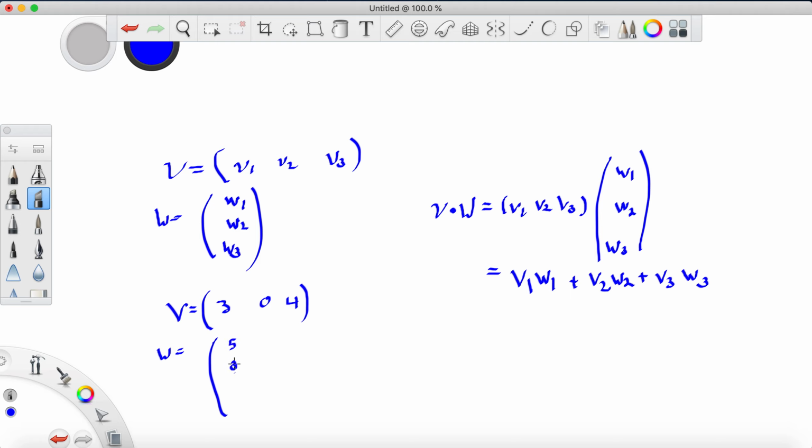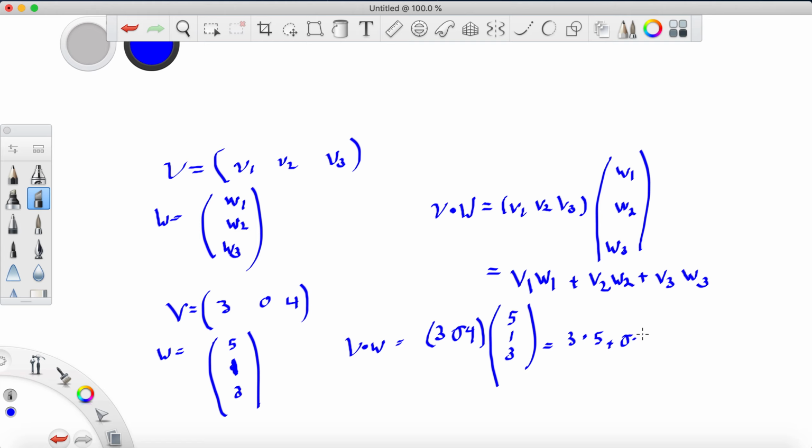So when I multiply v and w, I should get 3, 0, 4 times 5, 1, 3, and this is going to give me 3 times 5 plus 0 times 1 plus 4 times 3. So this is going to be 15 and 12, whatever that is, 27.